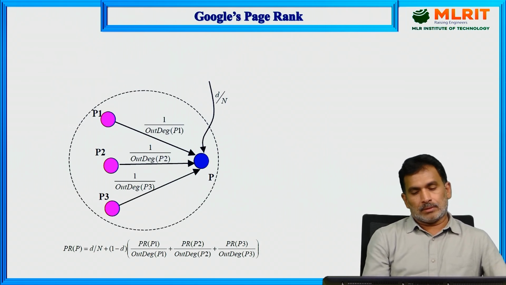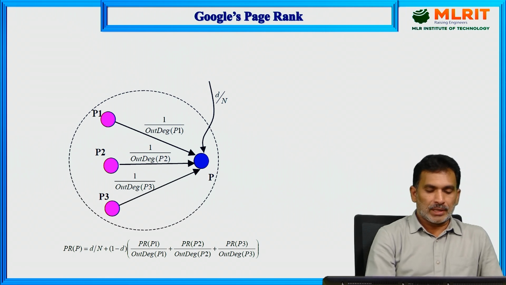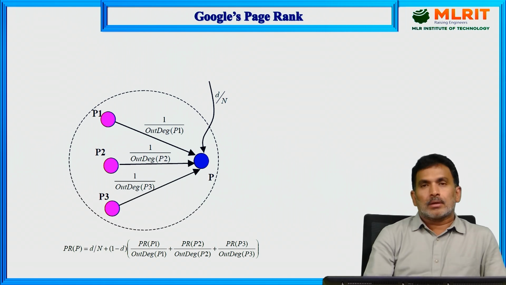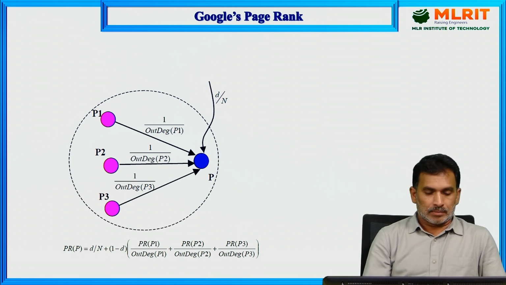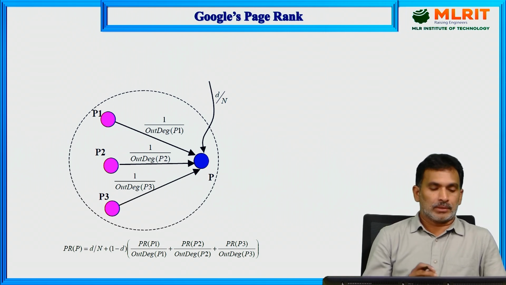Page rank, Google's page rank, is one method here. It is an algorithm used in Google search to find the importance of a particular page.